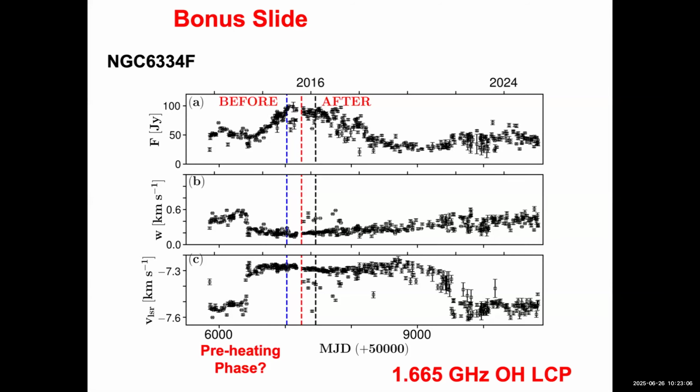Well, it's more like another comment. One of the pumping routes I traced for ground state OH for 1665 involved radiation at about 120 microns, whereas I think for methanol you need sort of 60 or something.